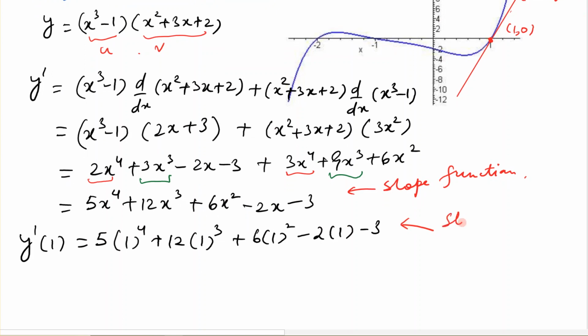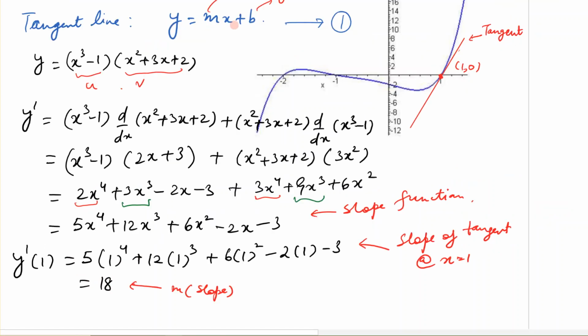This is the slope of the tangent at x equals 1. So 12 plus 5 is 17, 17 plus 6 is 23, 23 minus 5 is 18. So we got slope equals 18. This is our value of m.